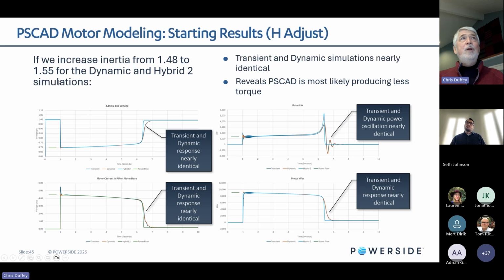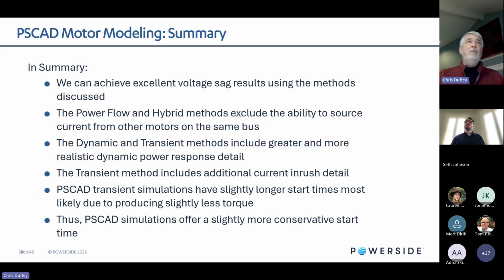So interesting, you can play around with the inertia. If I increase it from 1.48 to 1.55, isn't that interesting? I can slide these two right on top of each other. Now I'm telling you, this is a very close match for 2 different simulation methods, completely different tools. This is the dynamic simulation in the Easy Power software versus the PSCAD modeling shown here, and they're laying right on top of each other. So I'm feeling pretty confident in the answers that I'm getting from this simulation.